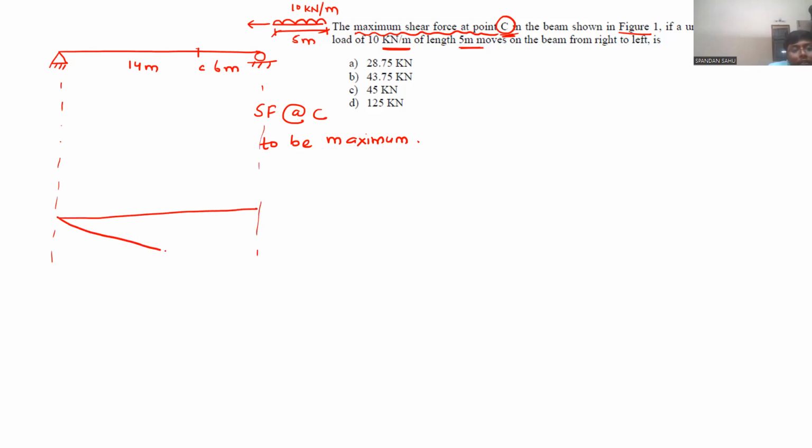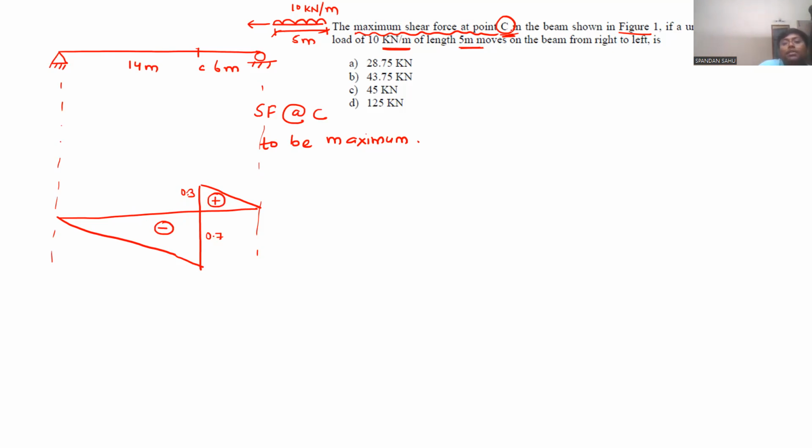It was like this. This was 0.7, this was 0.3. This is 14 meter, we know, and this is 6 meter. This is negative, this is positive.